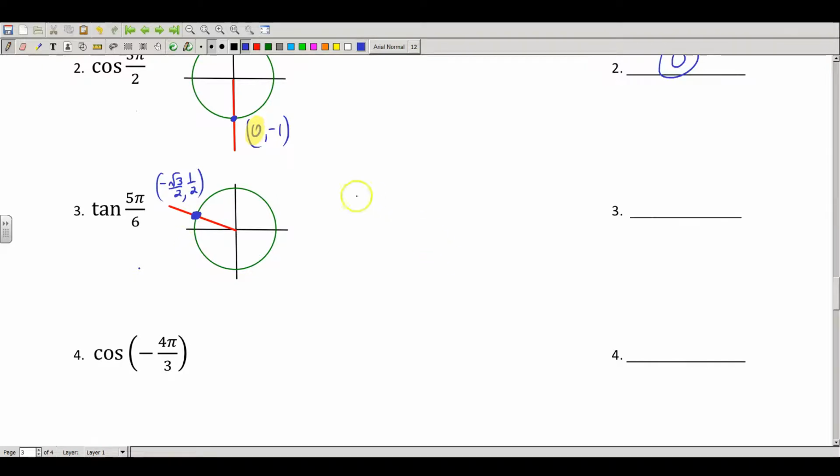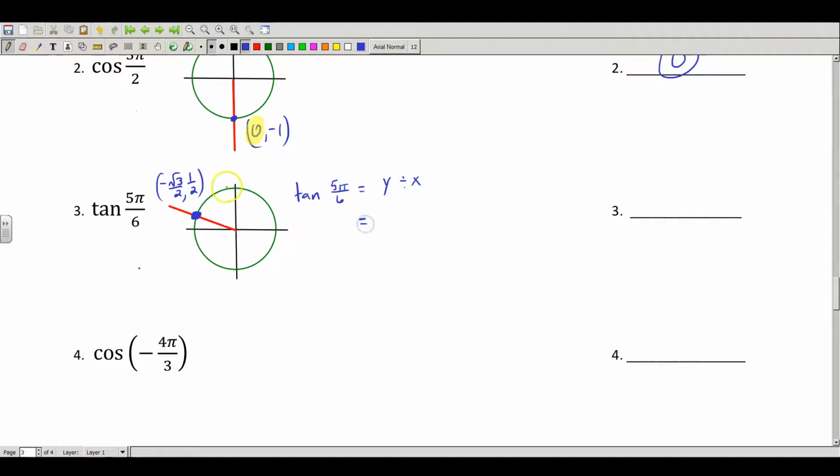Now the tangent, we have to remember, the tangent is y divided by x. So the tangent of 5 pi over 6 is going to be whatever the y value is divided by the x value. So unfortunately, with the unit circle, we have fractions. So when we have to divide, like in tangent, we're going to be dividing fractions.